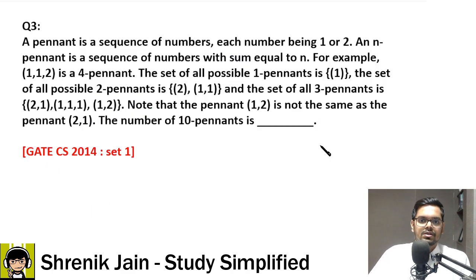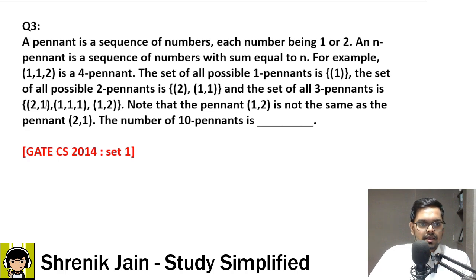Now how to think on the logic? I came to the given example: for 1 pennant they made this ordered pair 1, which makes sense. For 2 pennant they made this, for 3 pennant they made this. So basically, don't you feel this is an arrangement of digits 1 and 2 in such a way that the sum of those digits comes out to be 3 for this 3 pennant criteria, right?